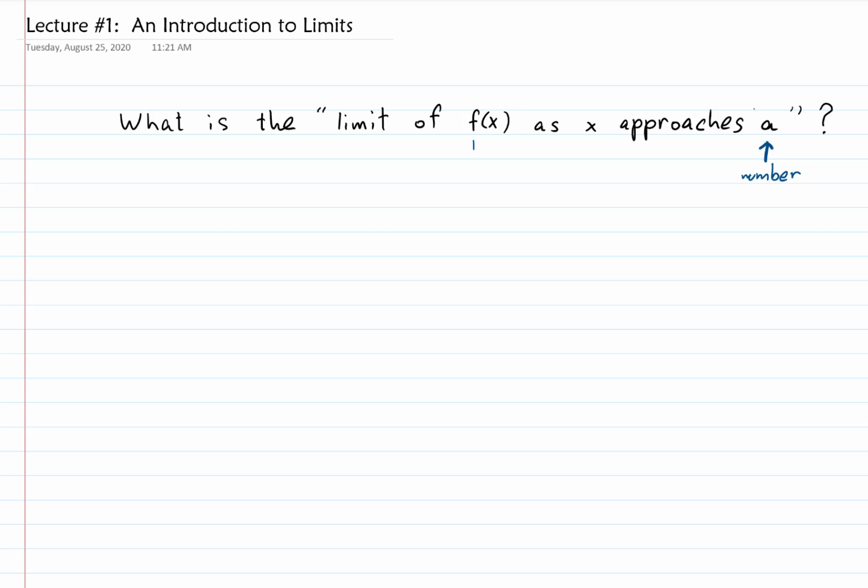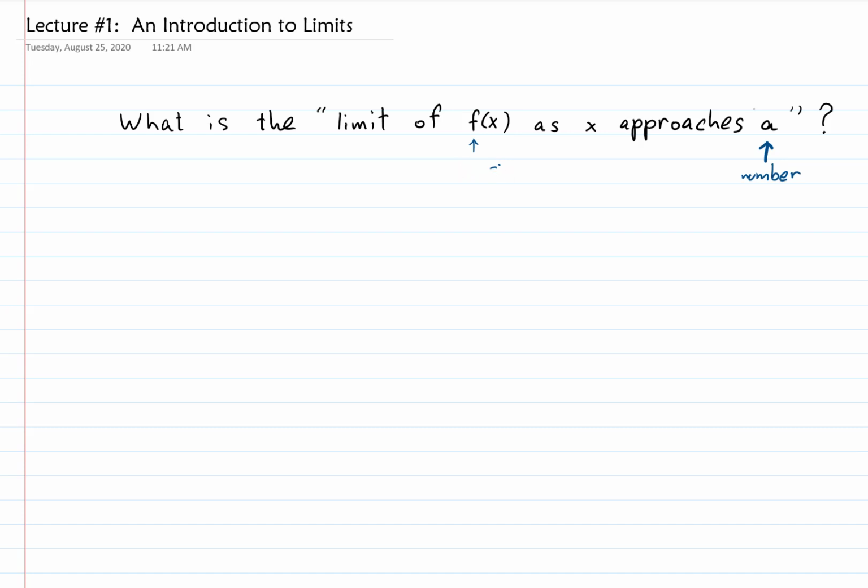I'll go ahead and write that also. So you have a function, and you have a number, okay? And you're saying, what does it mean to say the limit of that function as the variable approaches this number that you have? Okay?